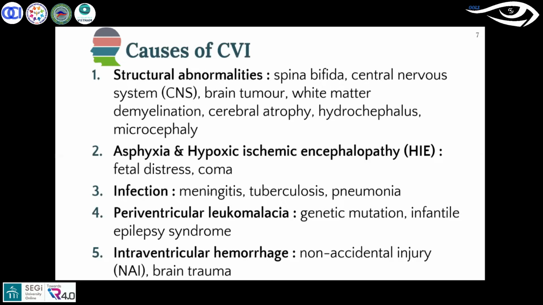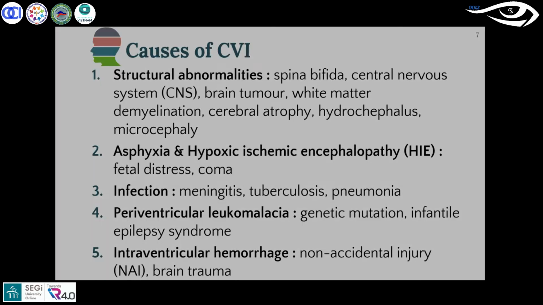Third is infection: meningitis, tuberculosis, pneumonia. It can be from the mother during pregnancy or after the child is born. Fourth is periventricular leukomalacia due to genetic mutation, infantile epilepsy syndrome, and things similar to PVL. And lastly is hemorrhage. Hemorrhage occurs in the intraventricular region, which is mostly due to non-accidental injury and also brain trauma. Now, those are the main causes of CVI.